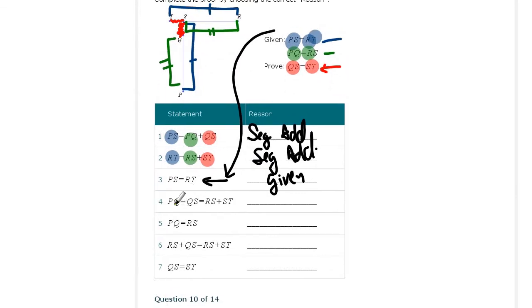Now, if you look carefully, PQ equals QS is right there. RS plus ST is right there. We already say these things are equivalent right there. So we're going to swap out PS and swap in the sum. Swap out RT, swap in the sum. That's called substitution.